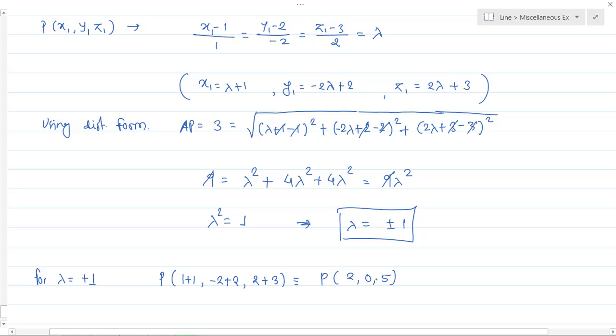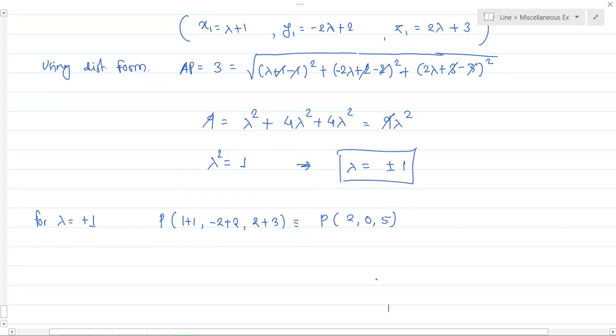Now let's substitute lambda equals minus 1. P dash is (minus 1 plus 1, 2 plus 2, minus 2 plus 3), which is P dash (0, 4, 1).